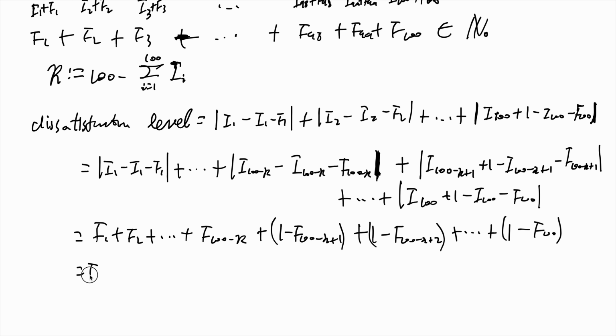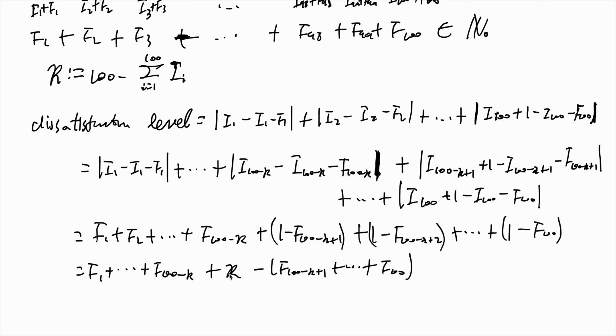So rewriting this, we have 1 plus r minus, so this is basically what we have right now.